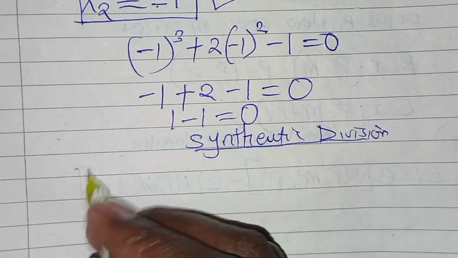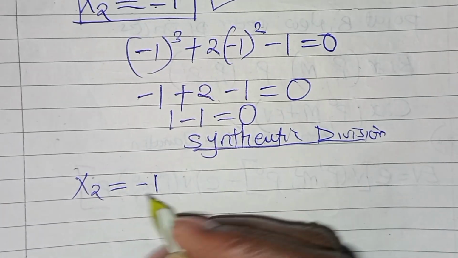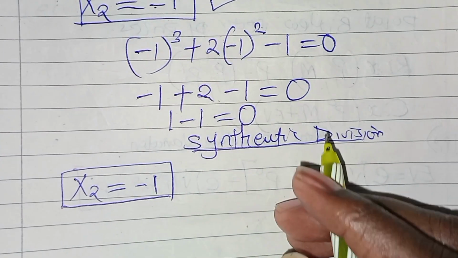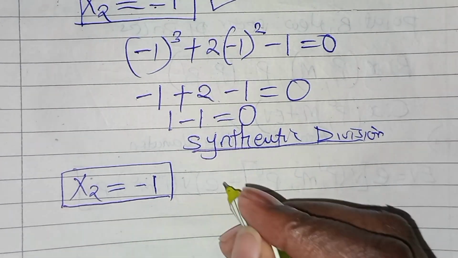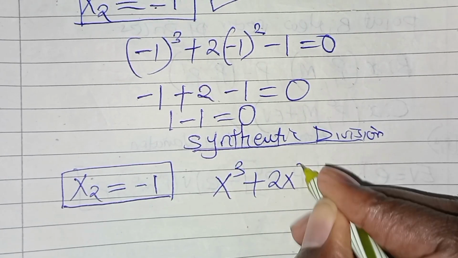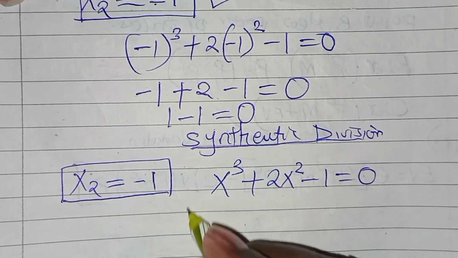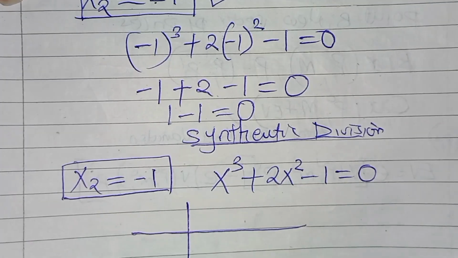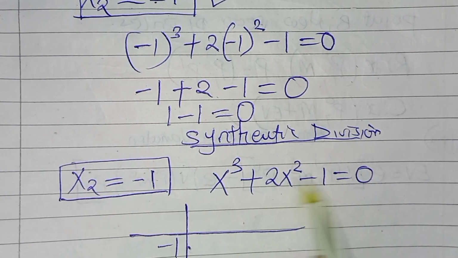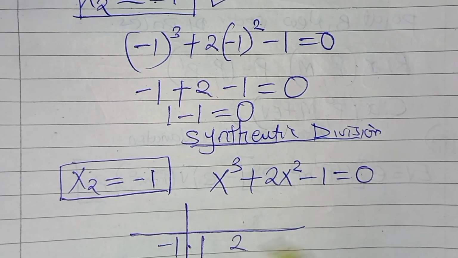Our cubic function is x to the power 3 plus 2x squared subtract 1, equal to 0. We have x2, which is negative 1, and the coefficients of this cubic function: 1 for x cubed, 2 for x squared.